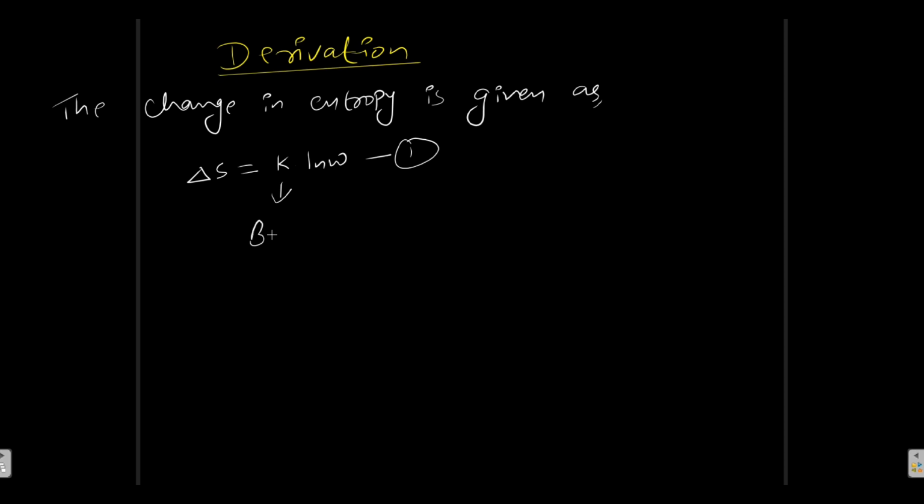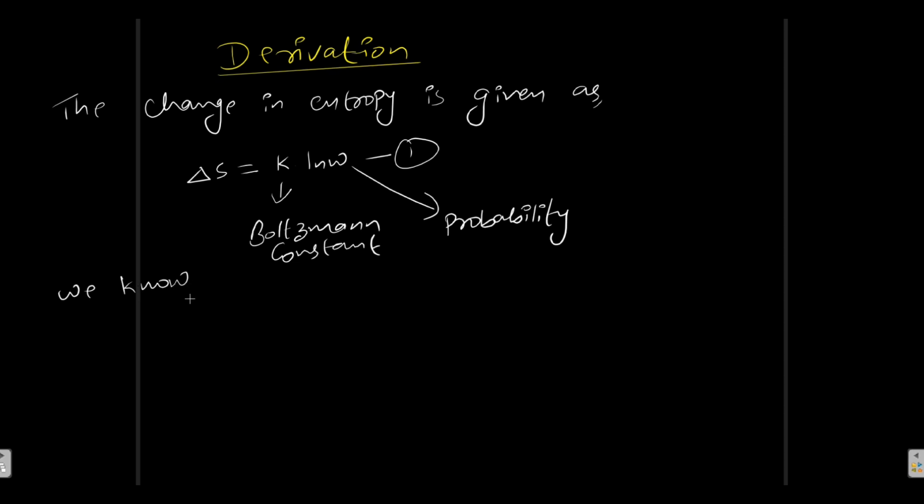Yes, you are thinking correct, this is the Boltzmann constant. This W means probability. The most difficult step is finding the expression for this probability. W is the probability, like which ion will occupy which position.